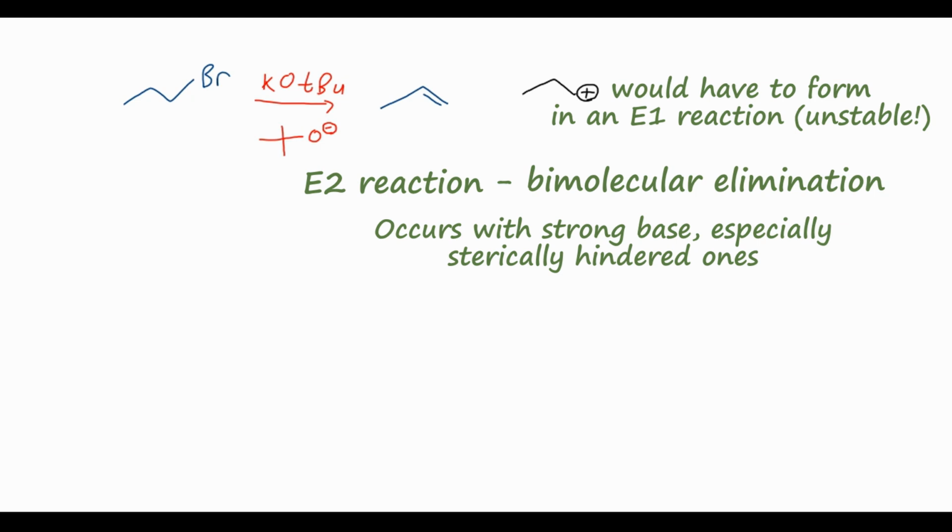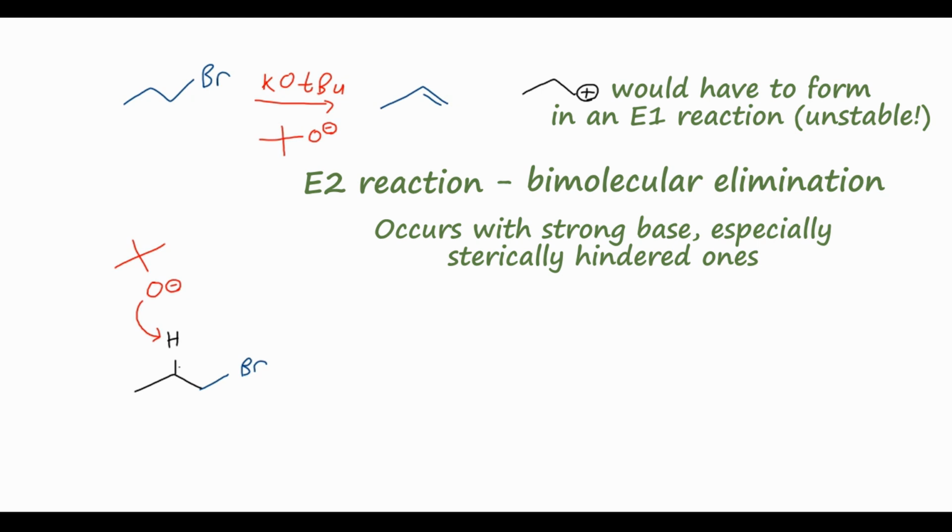So what is the mechanism for this reaction? How does it actually occur? Well, we can draw out the propyl bromide again, and this time let's explicitly draw in the hydrogen adjacent to the leaving group, so on this adjacent carbon here. And what's going to happen is, instead of the E1 mechanism, where we lose the leaving group to begin with and form a carbocation, our tert-butoxide anion, I draw that here, will actually come in and abstract this proton from the adjacent carbon to the leaving group.